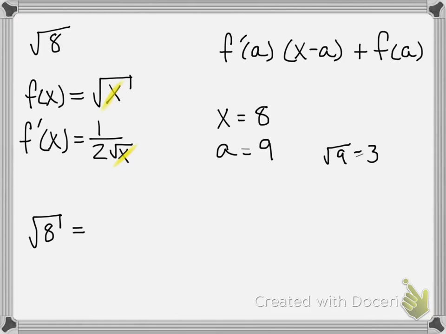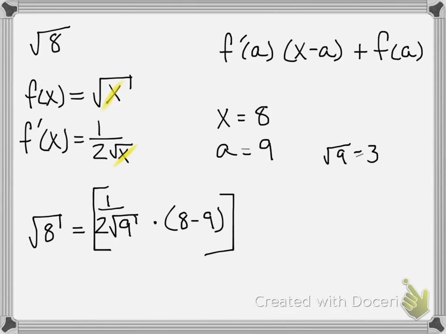For f prime, we say 1 over 2 times radical 9, plugging in our a, which is 9, wherever there should be an a, times our x minus a, which is 8 minus 9, and all that stays together, plus our f of a, which we just found was the square root of 9. I'll leave everything like that so we can see the calculations.